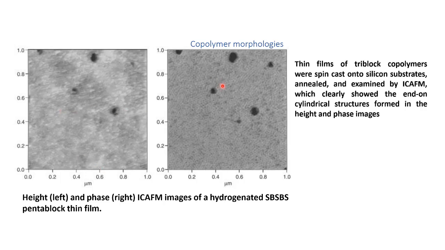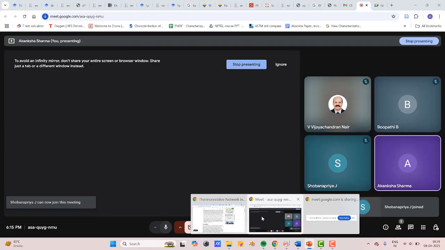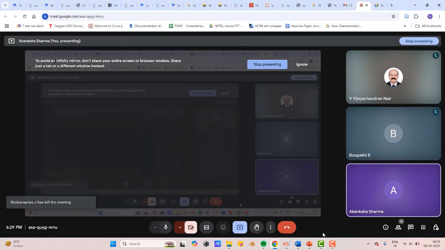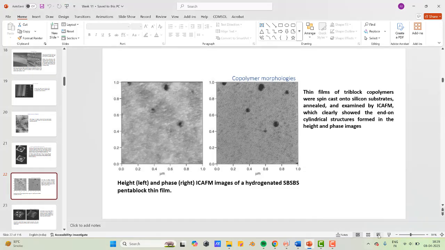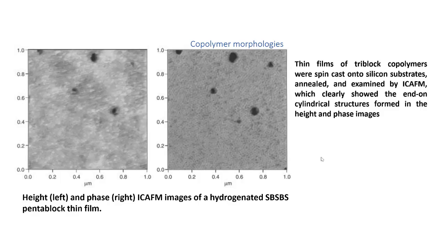Then we can also observe the copolymer morphologies. Suppose we are adding two polymers or three polymers. Suppose we are adding a tri-block copolymer on the surface of a silicon substrate, and then we are annealing it, and we observe how the phases change, or how the height of the film is changing.